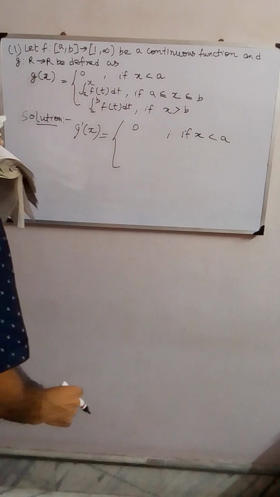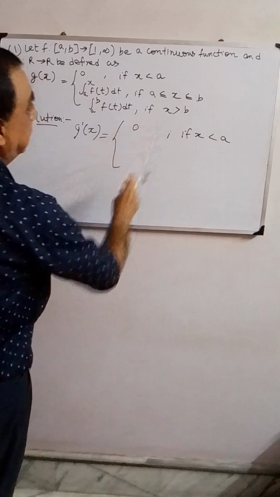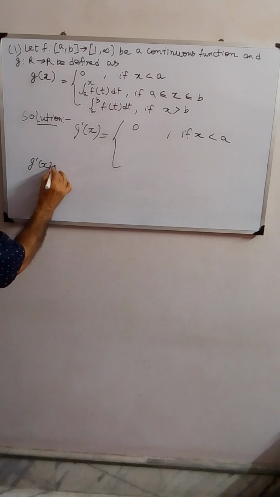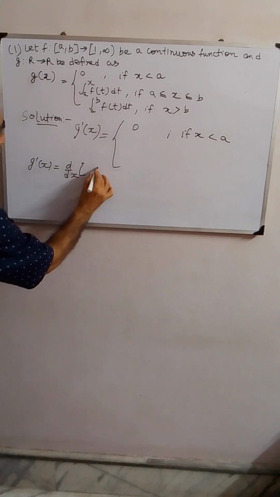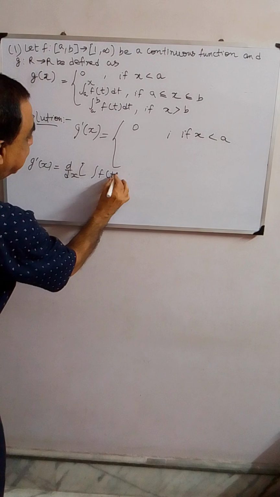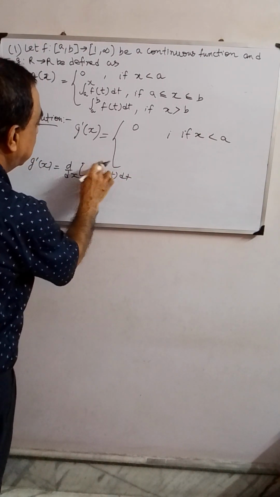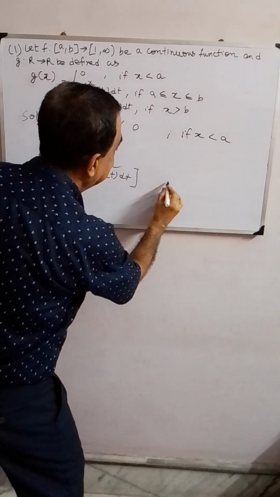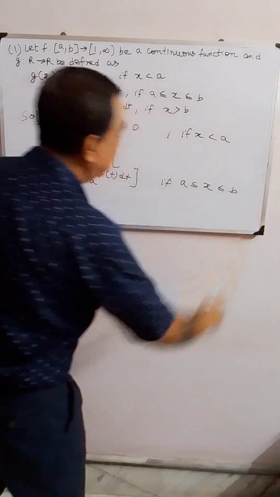Okay, and the differentiation of g(x) when x is between a and b, including both, g'(x) will be equal to d/dx of the definite integral of f(t) dt to the limits a to x, when a is less than or equal to x is less than or equal to b.